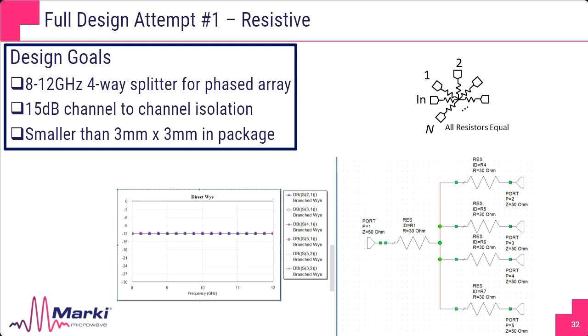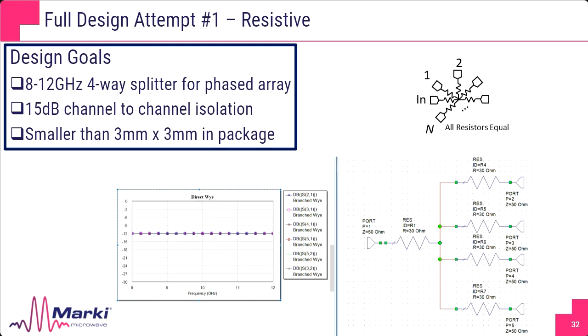Running the equations that we showed earlier, we get a circuit that looks like this, and the simulated performance on the left. And this is exactly as expected. We get a 12 dB loss because of the ohmic loss plus the four-way split now.